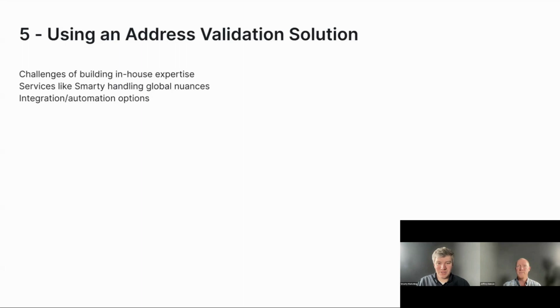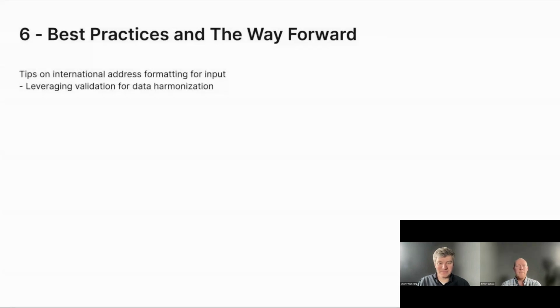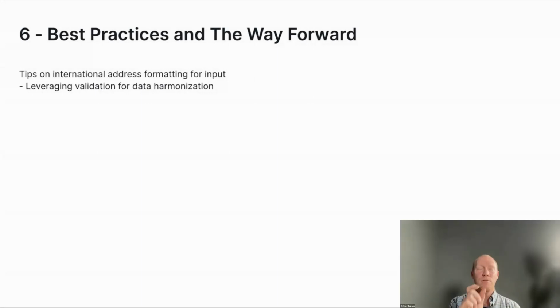Jump to the next slide. Awesome. Best practices and the way forward. So a lot of people ask, how should we format the address input on our website? Do we format it in a generic way like Amazon does? I don't know. Are they good enough to follow? Who knows? Do we just have address 1, address 2, and use the generic postal code instead of zip code?